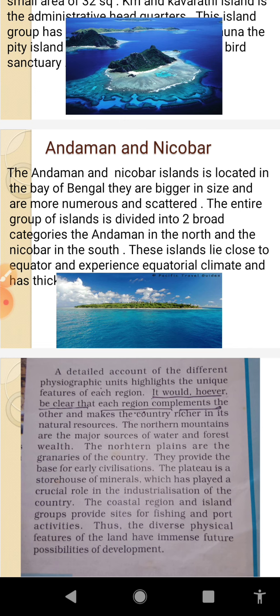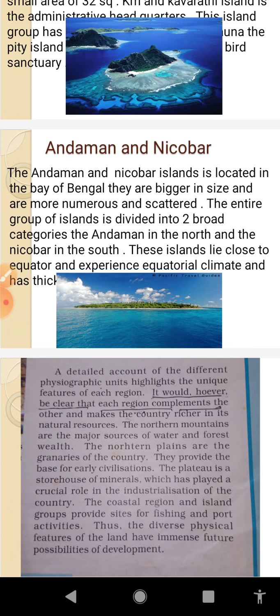If we take the example of the peninsular plateau, they are rich in minerals. Different types of minerals are available, and these minerals have played a crucial role in the industrial development of our country. The coastal regions and the island groups provide sites for fishing and port activities.